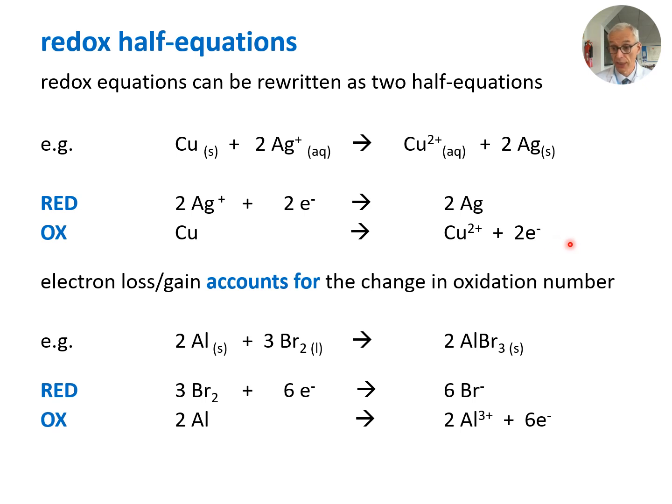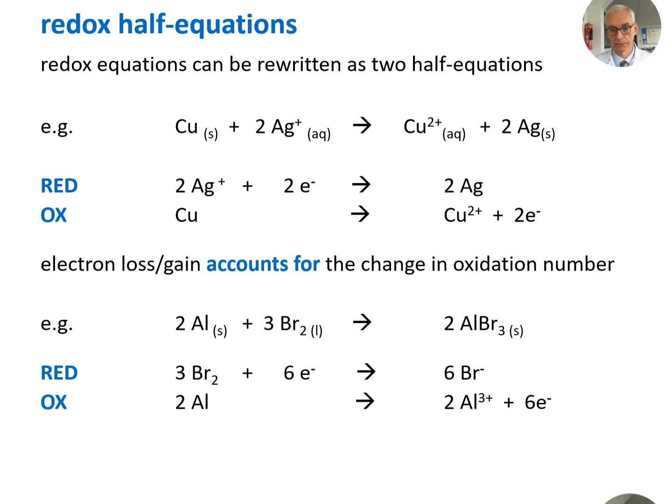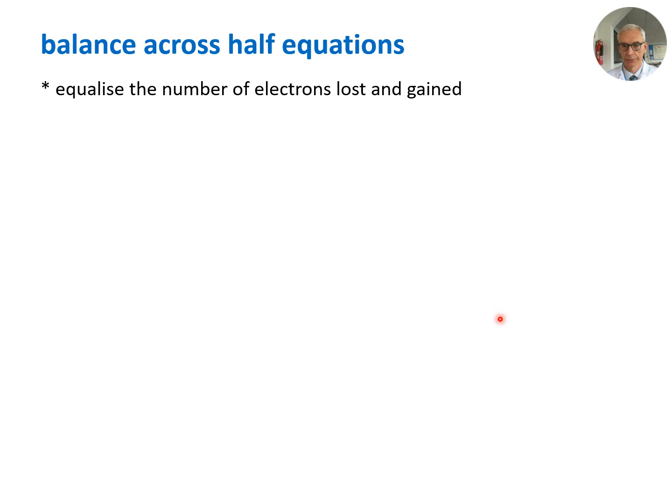So this is also a key way to balance redox half equations. So we can use the number of equalizing the numbers of electrons lost and gained in the 2 half equations to produce balanced redox equations.